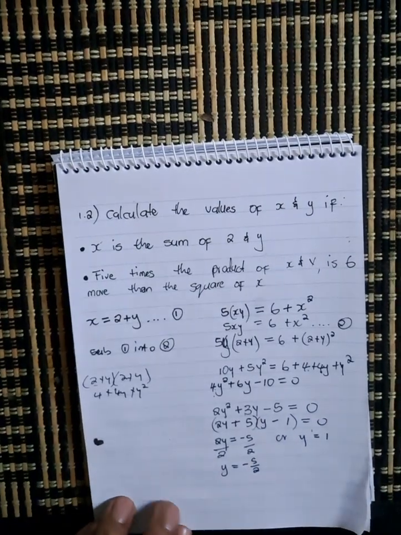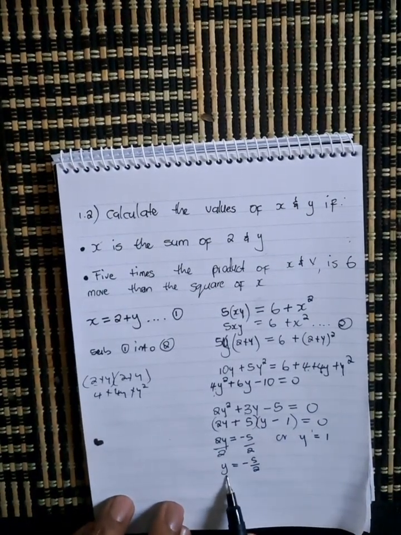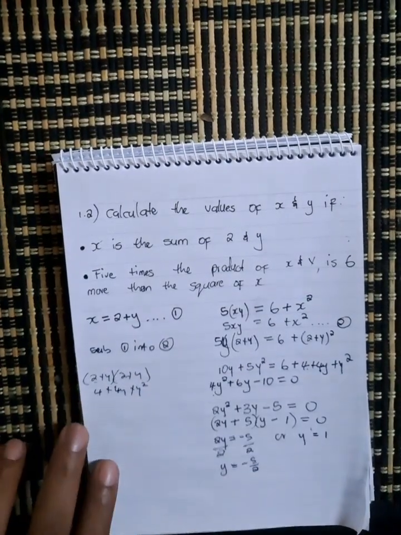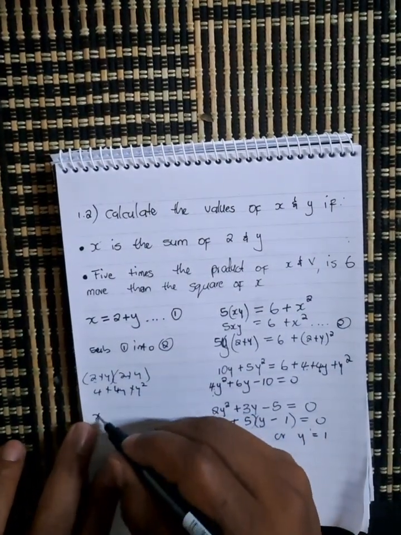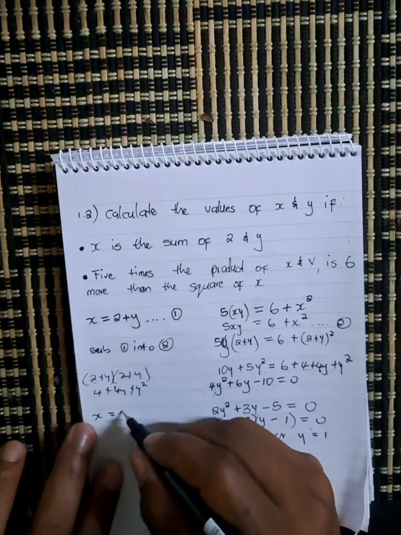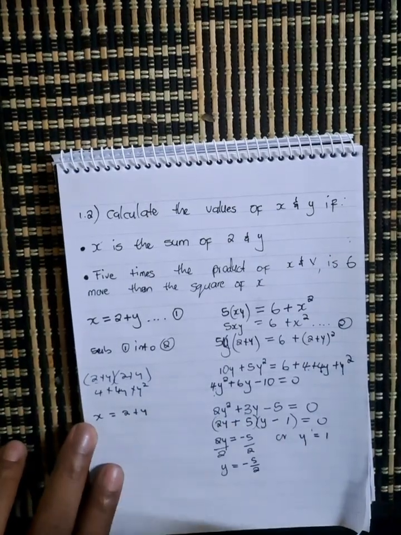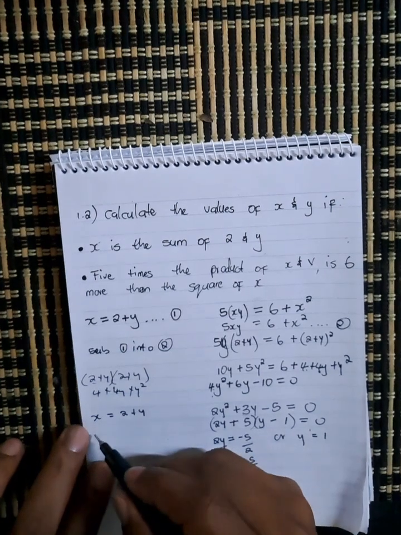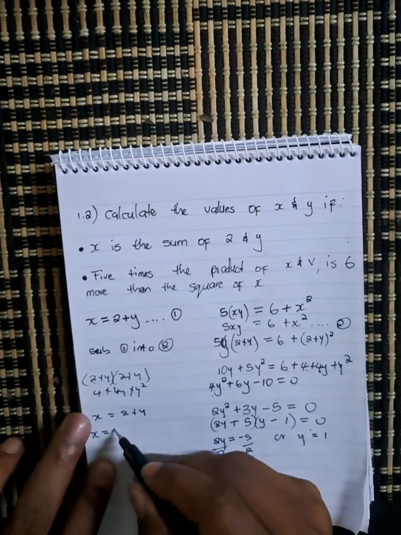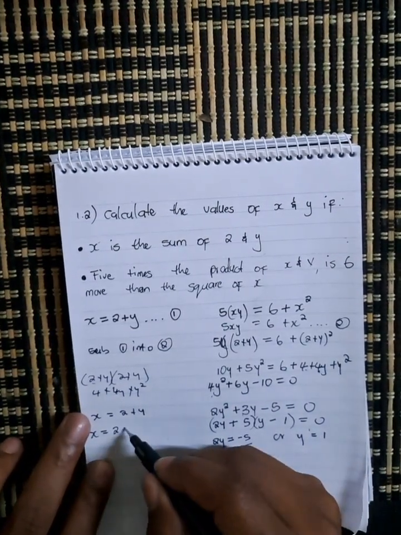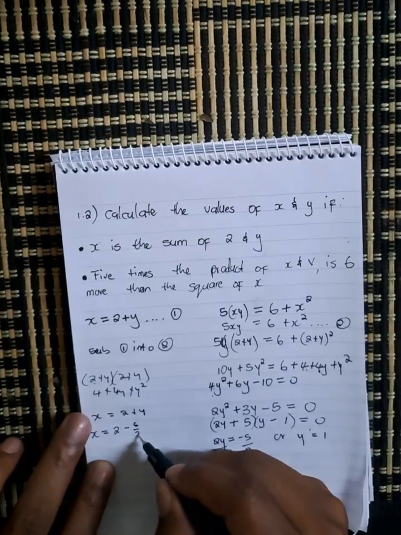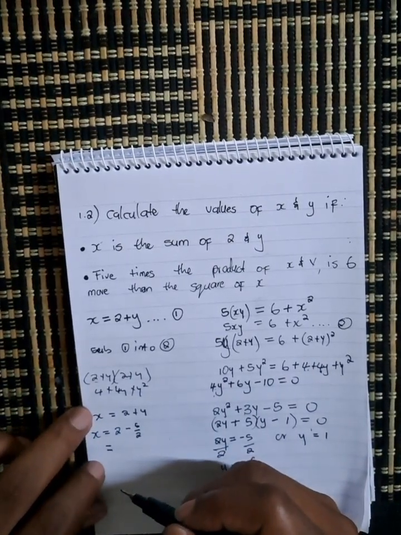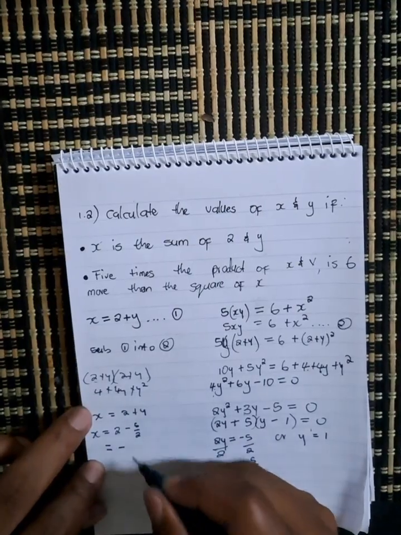Right, so since we got our y's, we're now going to go back to equation 1, which is x equals 2 plus y. Then we substitute the y's over there. So x equals 2 minus 5 over 2, which is going to give us -1/2.